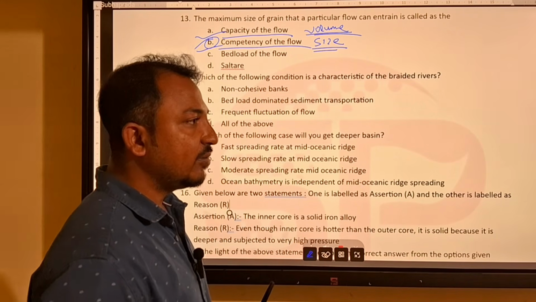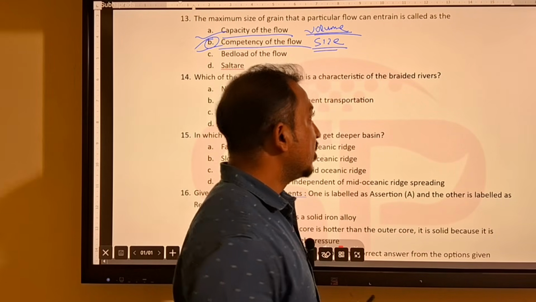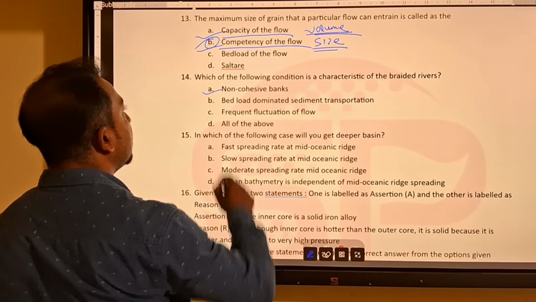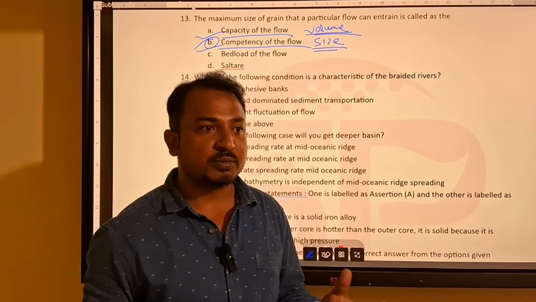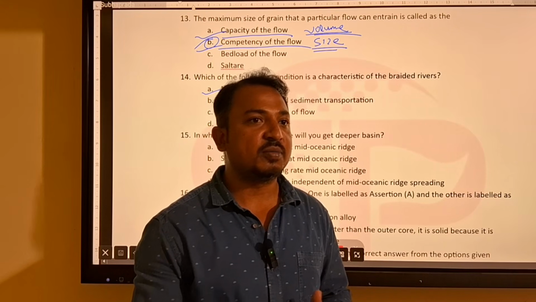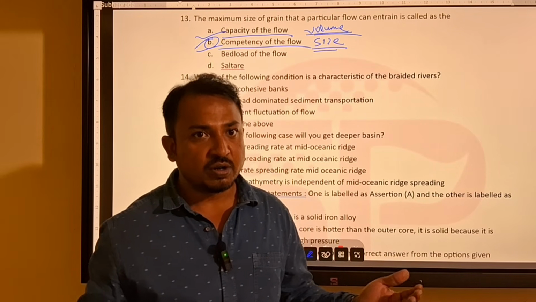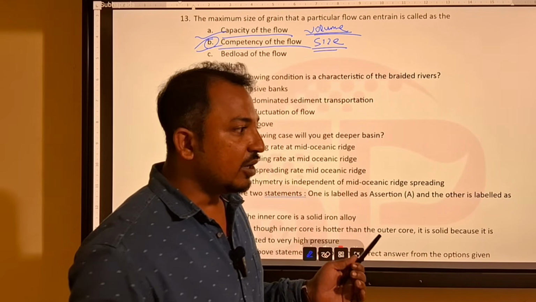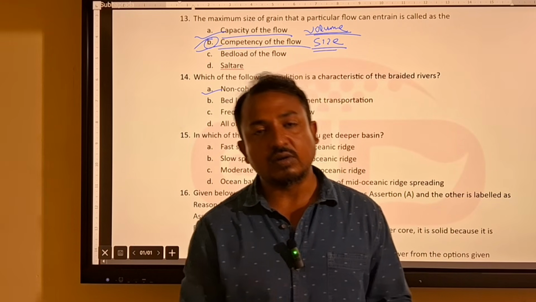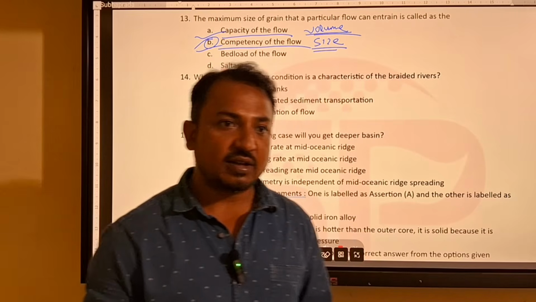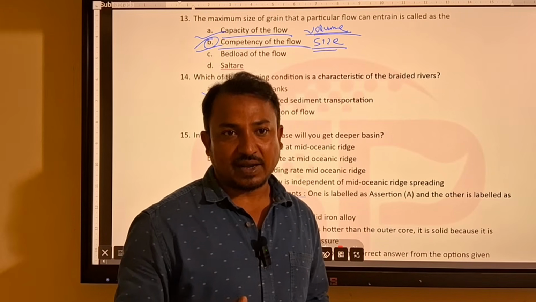So how will the braided bar be deposited? What are the conditions? First, non-cohesive banks. If there are non-cohesive banks, that means the bank material is loose, with no cohesion between particles. Then there will be more erosion at the bank. You can say it is a condition for braided river formation: non-cohesive or erosive banks.